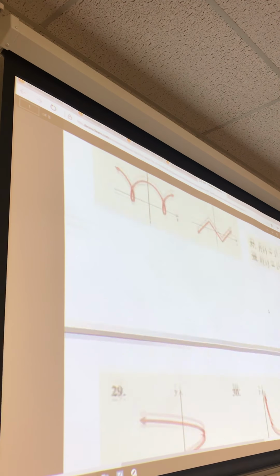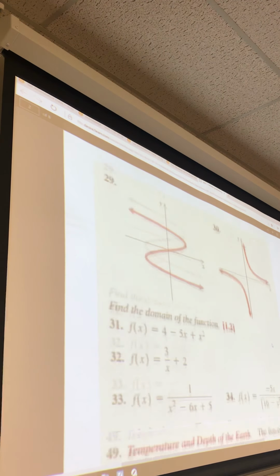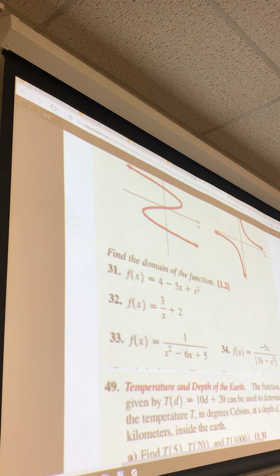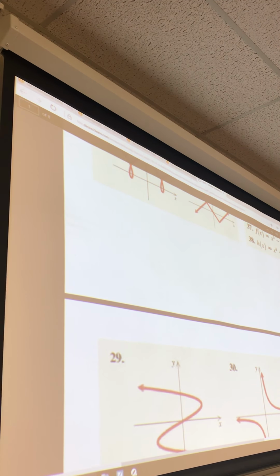I think my 37 and 38 must have gotten off from where they were supposed to be, because they're obviously functions because it says f of x equals and h of x equals. So that must have been supposed to have been down here. Those two.